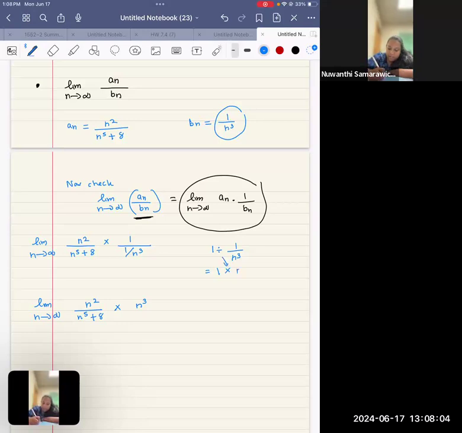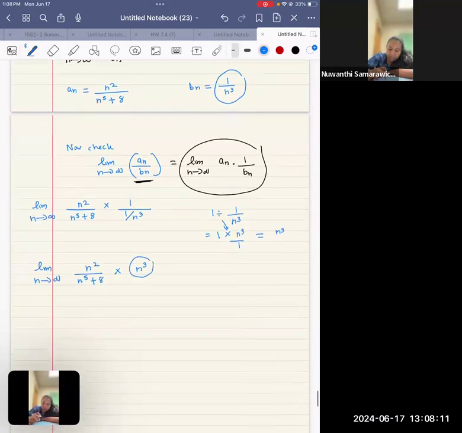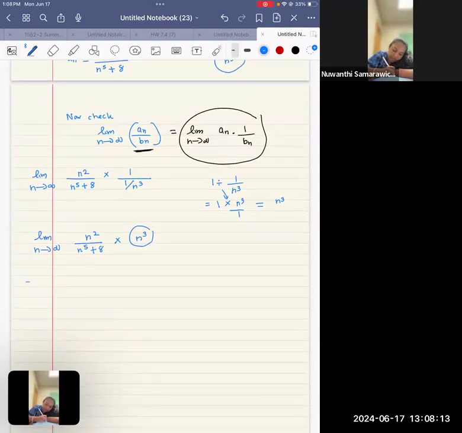So this is n cubed. So this is equal to the limit as n approaches infinity of n to the power 5 over n to the power 5 plus 8.